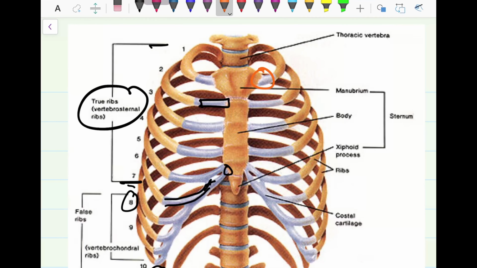Okay, so for ribs 2 to 9: head of the rib to the inferior costal facet of the vertebral body above, head of the rib to the superior costal facet of the corresponding vertebral body, and the tubercle to the transverse process of the corresponding vertebral body.